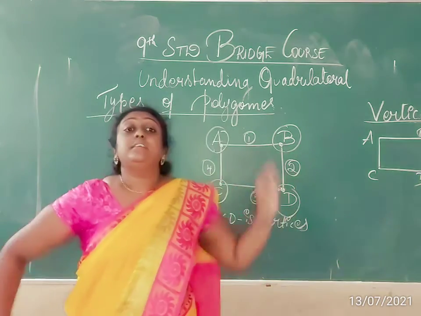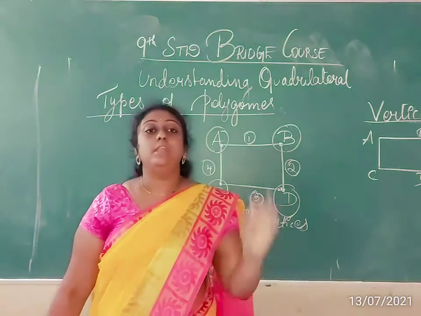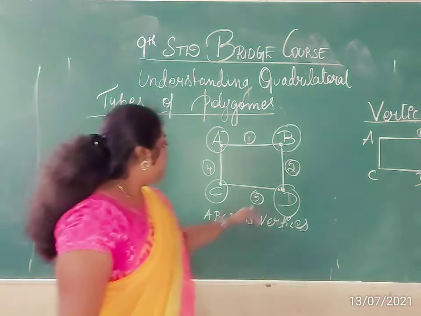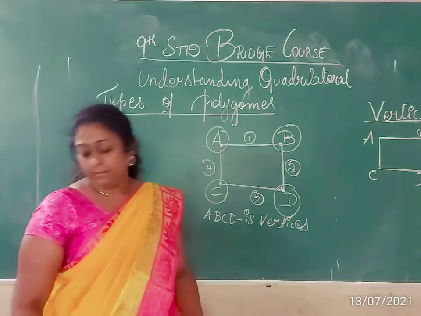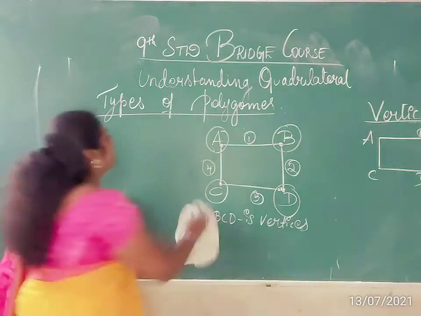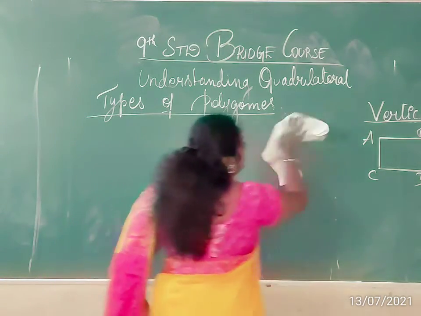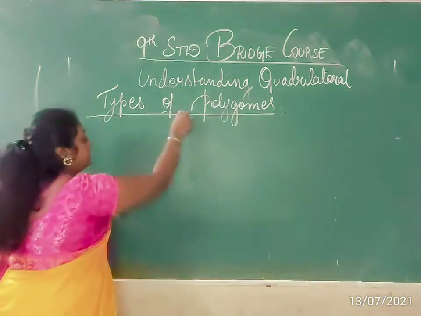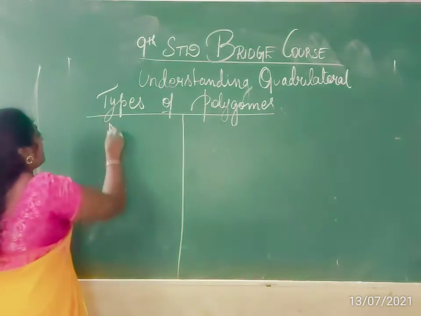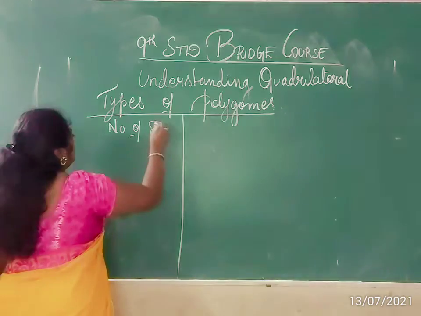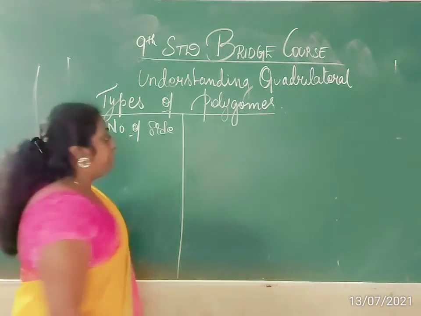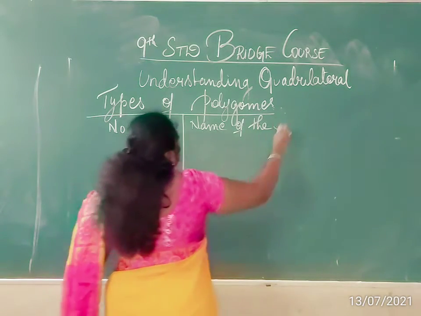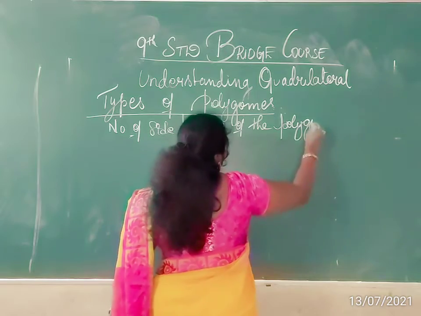With the number of vertices, we will write the different types of polygon. Now listen here how I am writing: number of sides and name of the polygon.